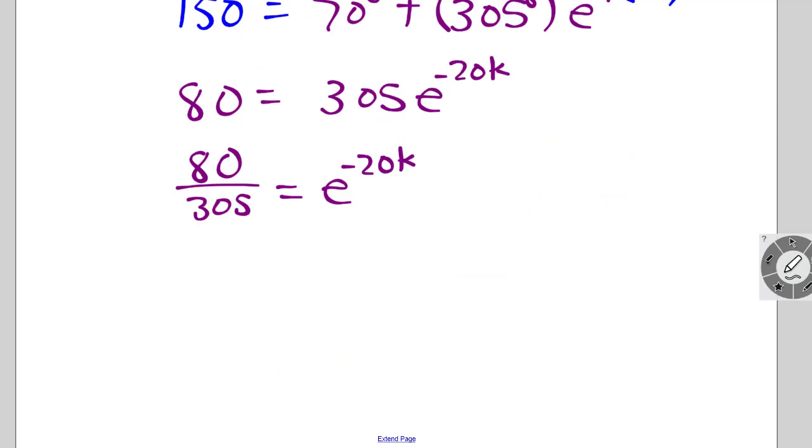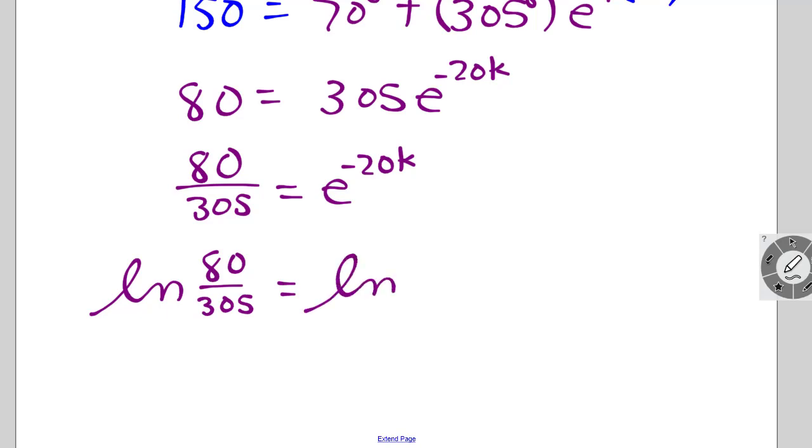All right, we can take the natural log of both sides. And the reason I'm doing that is because I'm trying to get to that k, which is in my exponent. When I take the natural log of e to the negative 20k, we know that e and natural log cancel each other out because they are inverses of one another.